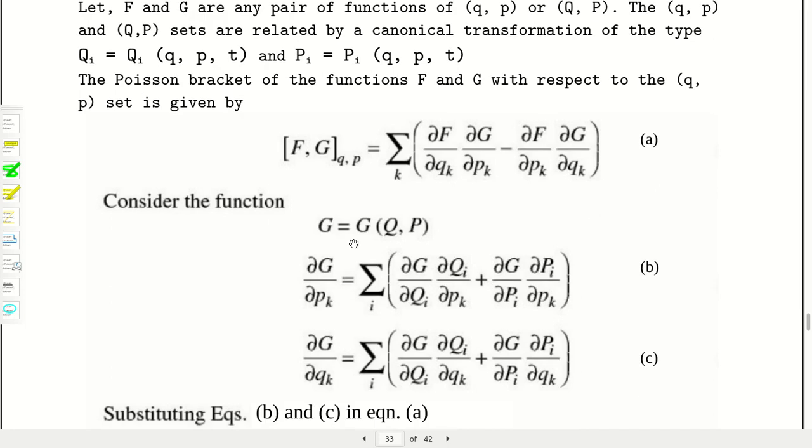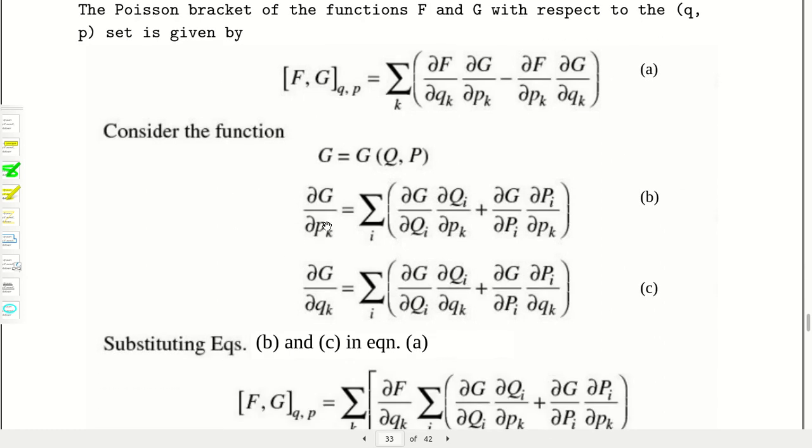Let us consider that g is now a function of capital Q and capital P because of this transformation. q and p are replaced by capital Q and capital P. So g is a function of capital P and capital Q. So I want the del g del p_k term in terms of the new coordinates. So it will follow the chain rule.